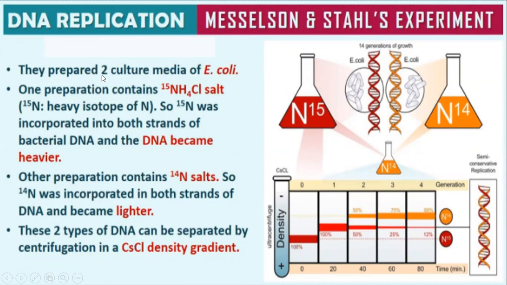Right? So they prepared two culture media of E. coli. Why did they select E. coli for the experiment? Because they multiply every 20 minutes. Normally E. coli contains 100% N14 DNA, in both strands, and they allowed this bacterium to multiply in N15 medium for many generations.